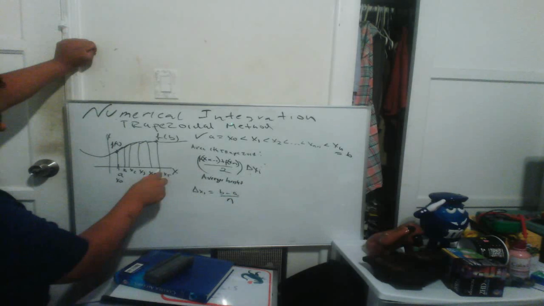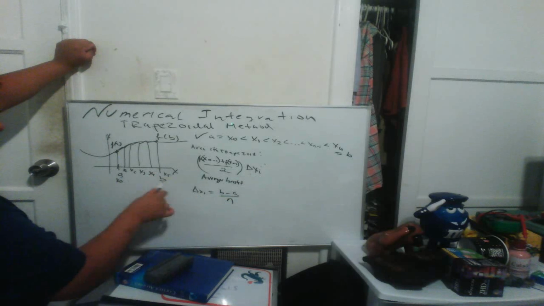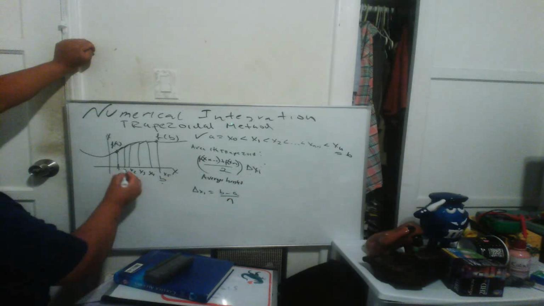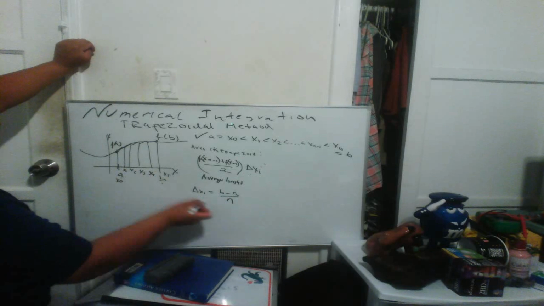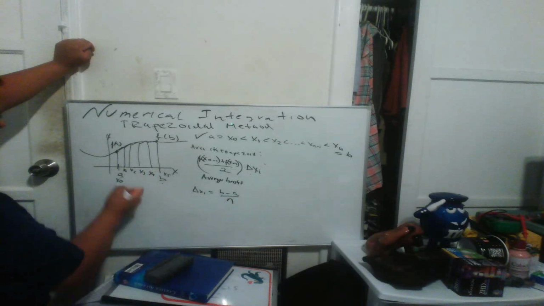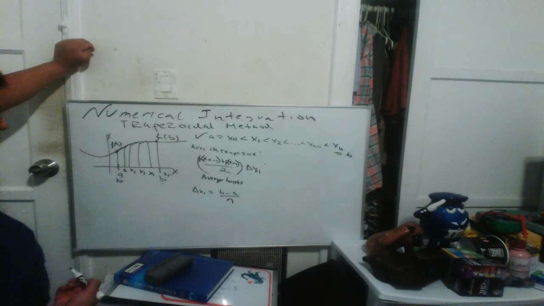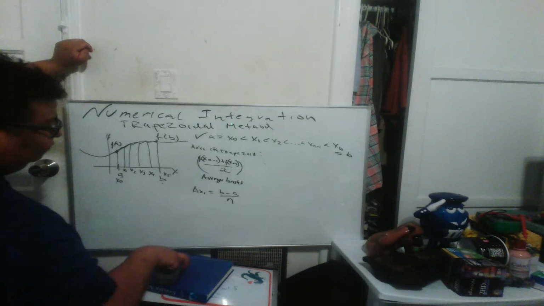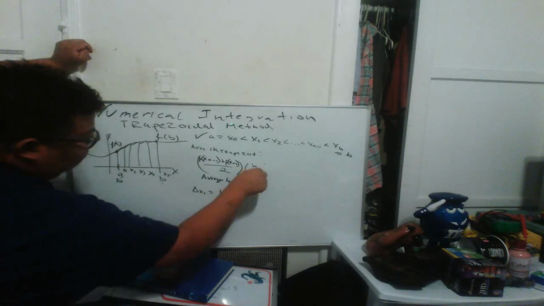So we take the endpoints, subtract b minus a, and divide it into a partition of n trapezoids.